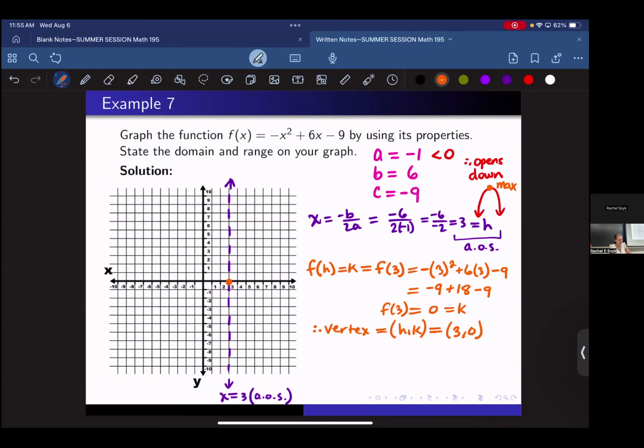Now let's plot some intercepts. Our y-intercept is just our constant, which is -9. So as a coordinate point, we have 0, -9. And now we know our axis of symmetry, so we can reflect that. It's 3 units to the axis of symmetry, so another 3 units out gives us another coordinate point.